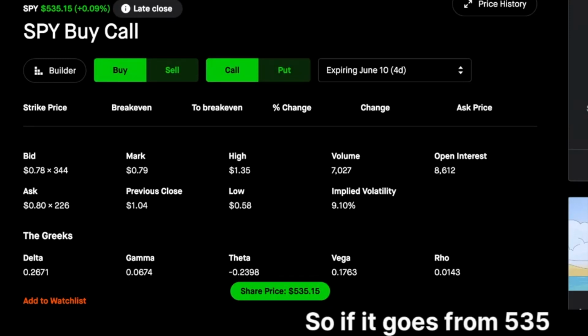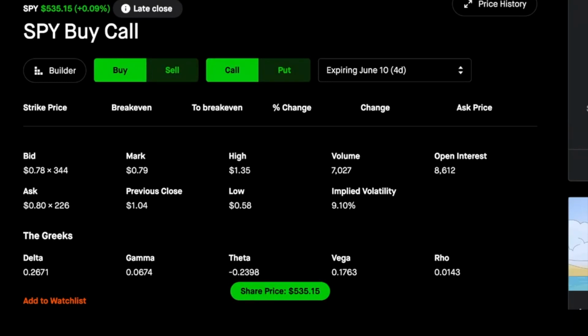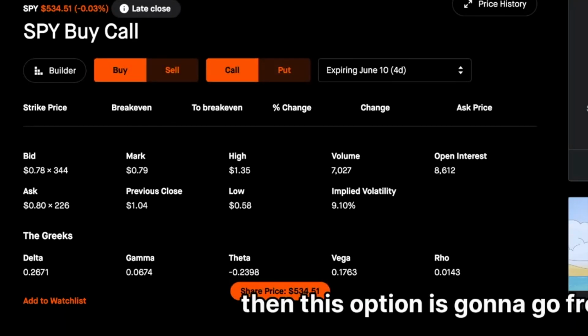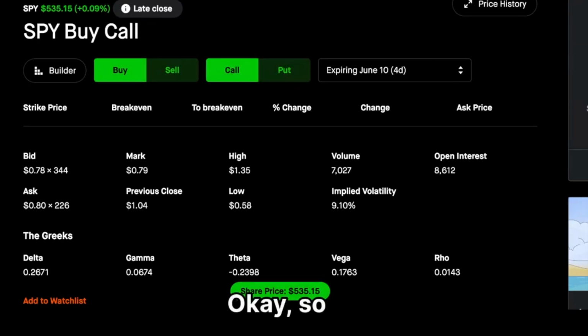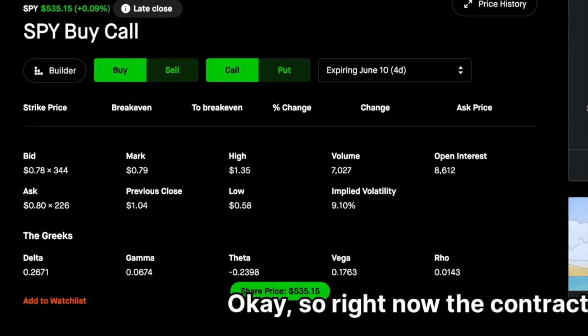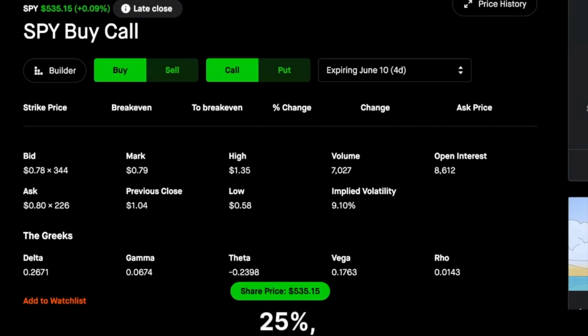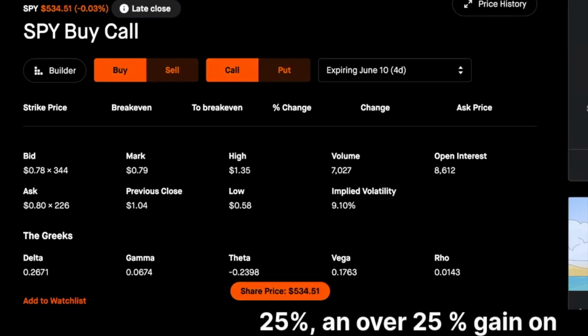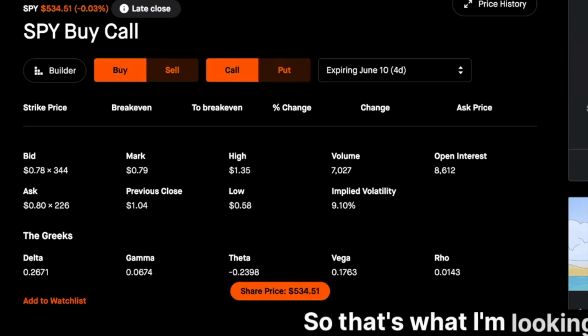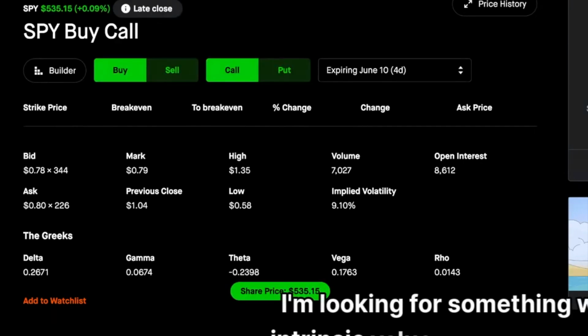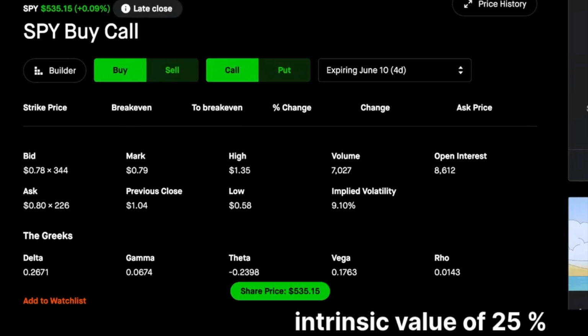If it goes from 535 to 536, then this option is going to go from $80 to about $106. So the contract is $80, and since delta is 26, that's over a 25% gain on a $1 move. That's what I'm looking for: a delta that is 25% or more of the contract price.